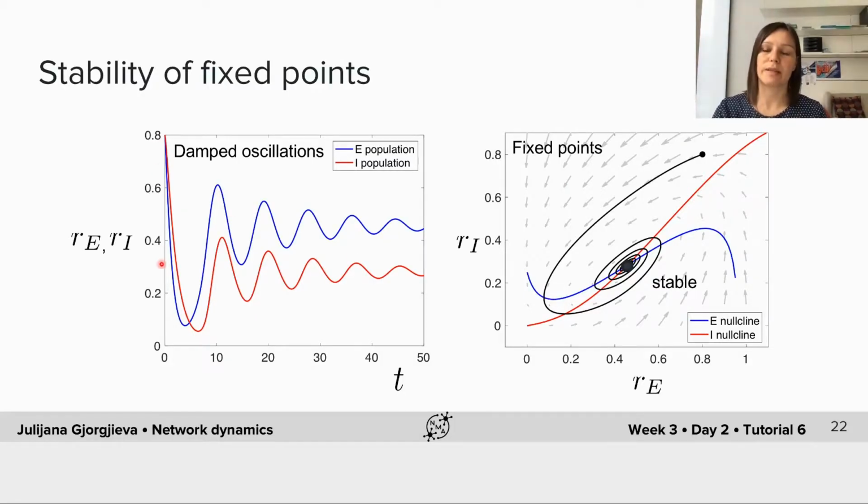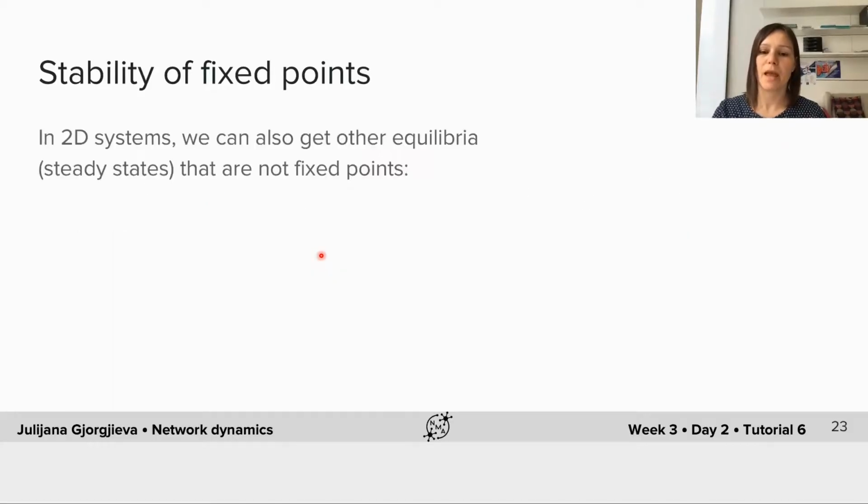So here we plot the excitatory and the inhibitory activity as a function of time, and what is shown by this spiraling in trajectory in the phase plane is illustrated by this oscillatory dynamics in the activity versus time plane. So each of the two populations oscillate in time, and their amplitude decays in time because this fixed point is attracting. If the fixed point were repelling, then what we'd see is oscillatory dynamics with amplitude that grows in time.